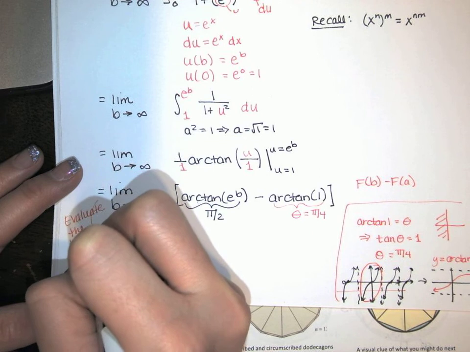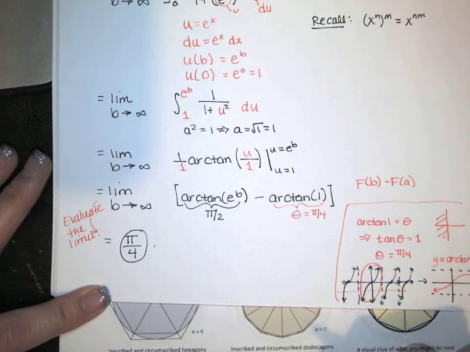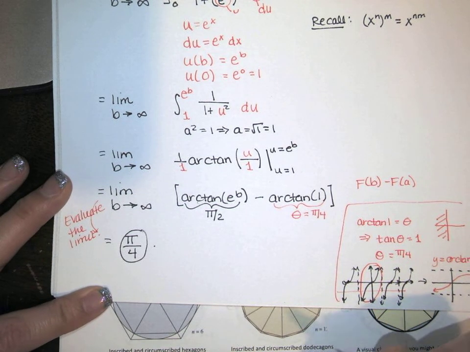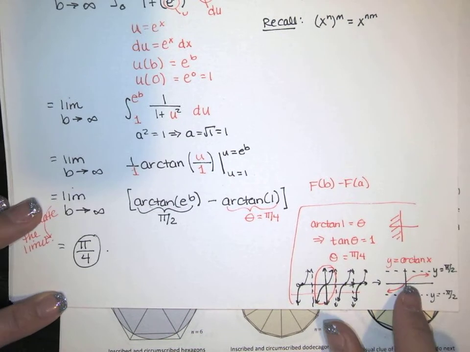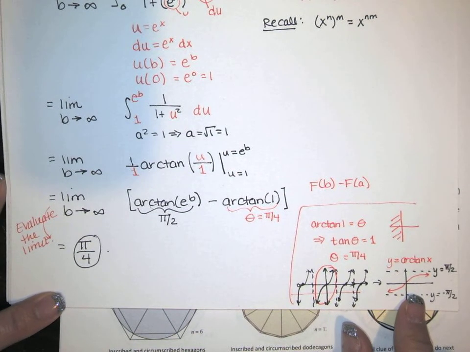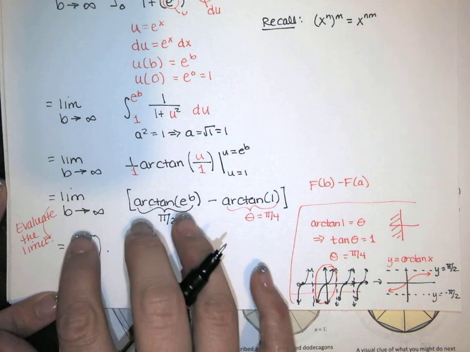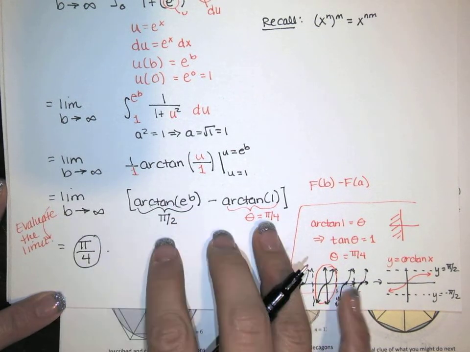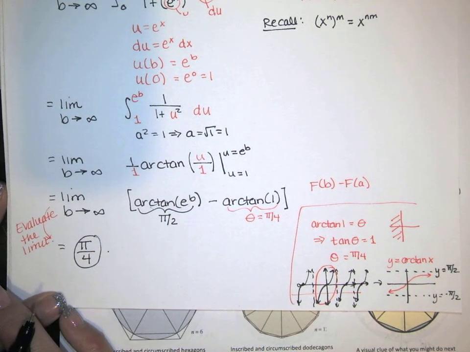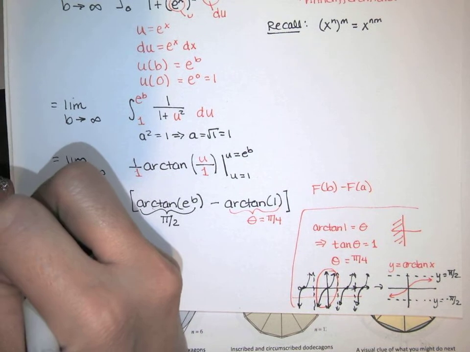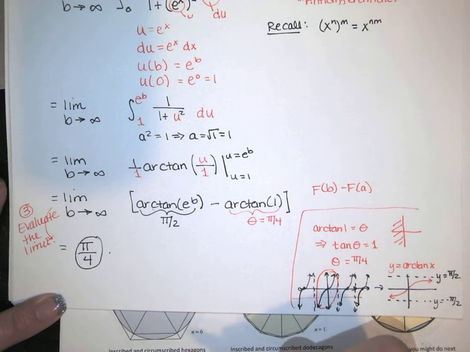And that might require L'Hopital's rule, as we're going to see in another example, or it might require some knowledge of a function you haven't used in a while, like arctangent. So make sure that you're prepared to evaluate limits of continuous functions. This is Calc 1 stuff from the very beginning of Calc 1.